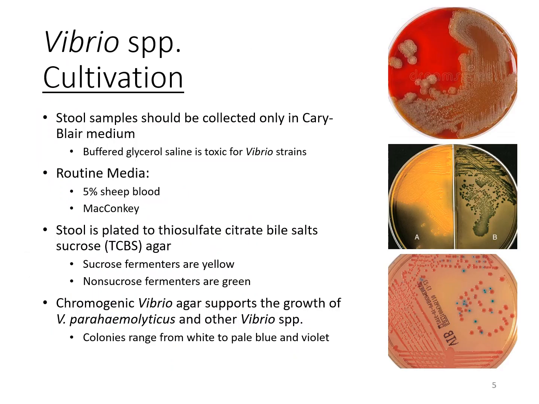Isolation of your Vibrio species can be done through routine culture media, such as your sheep blood agar or your MacConkey agar. One thing that's important to note, as some of you who already work in the healthcare setting may have noticed, is that stool samples are submitted in a couple of different collection medias.